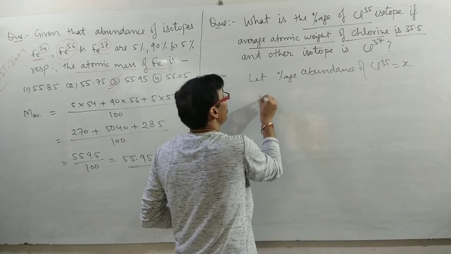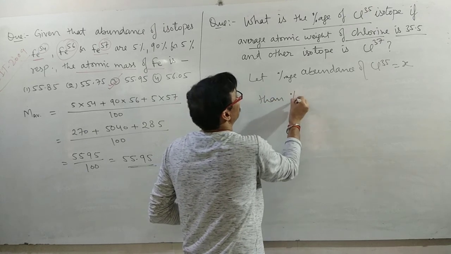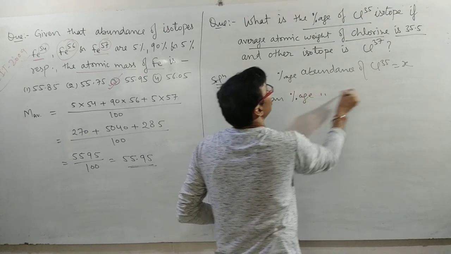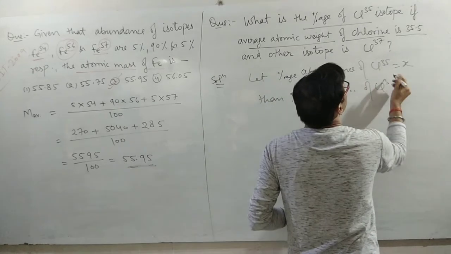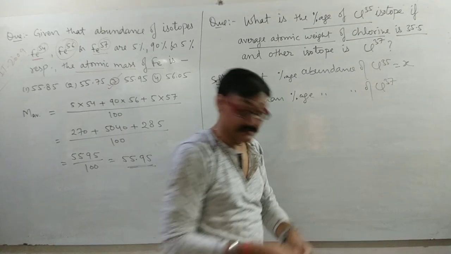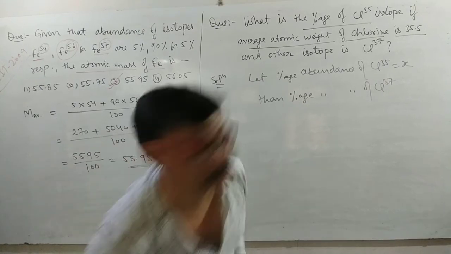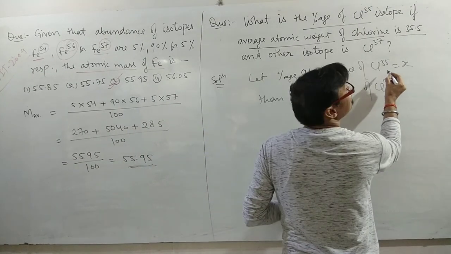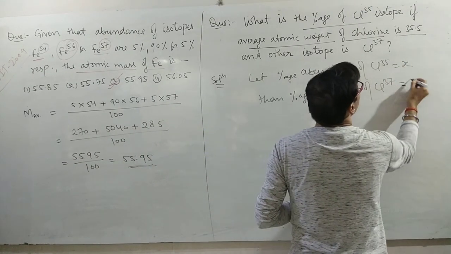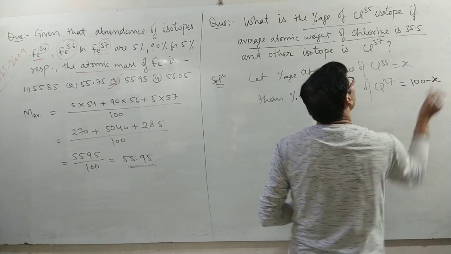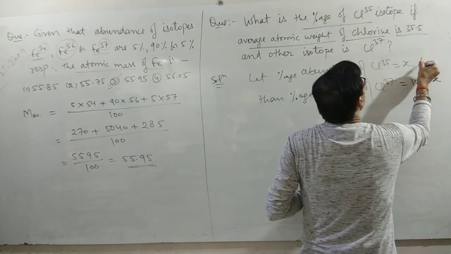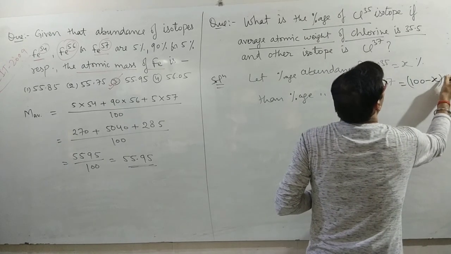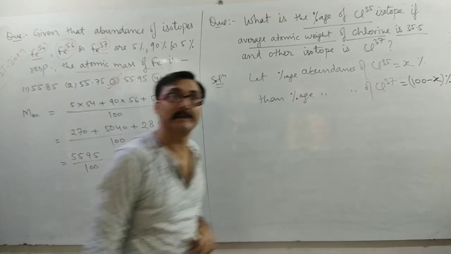Then the percentage abundance of the other isotope, chlorine 37, will be 100 minus x, because there are only two isotopes. If one is x percent, then the other will be 100 minus x percent.